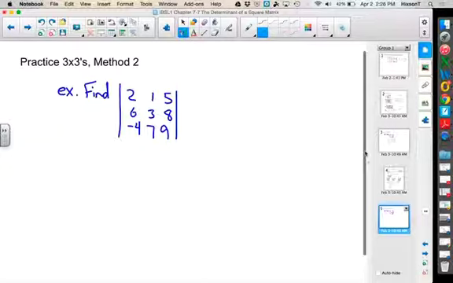Next, find the determinant. You should get 126 again. Well, that's what we got the first time.